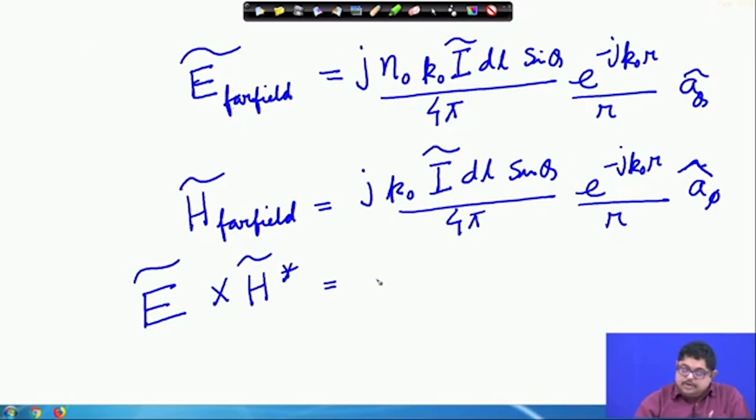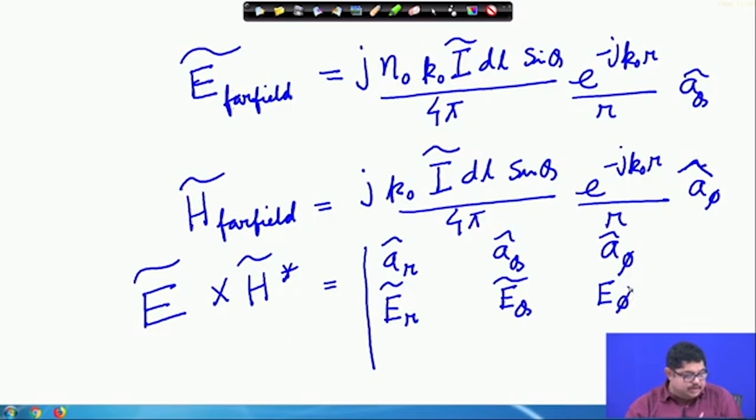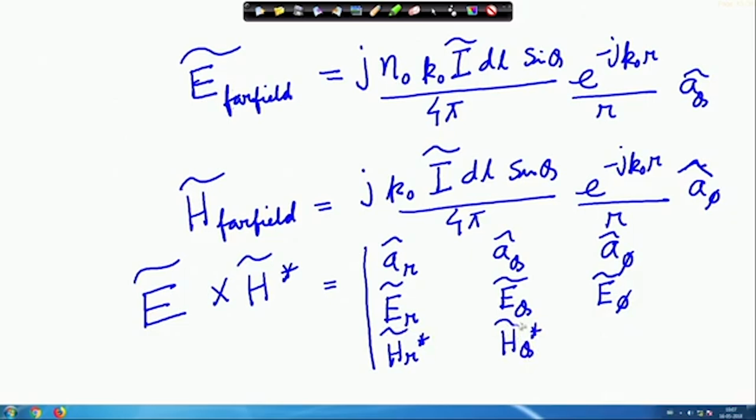So, we will have to take this in spherical coordinates, that means a_r, a_theta, a_phi. This you all know, just if any of you forgot, that is why I am writing E_r, E_theta, E_phi and H_r star, H_theta star, H_phi star.